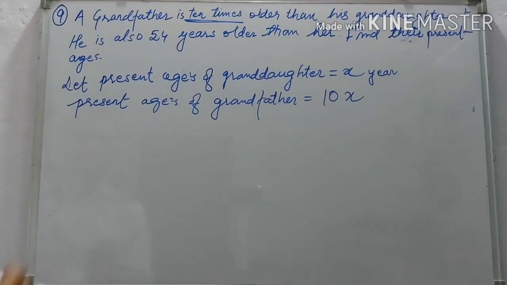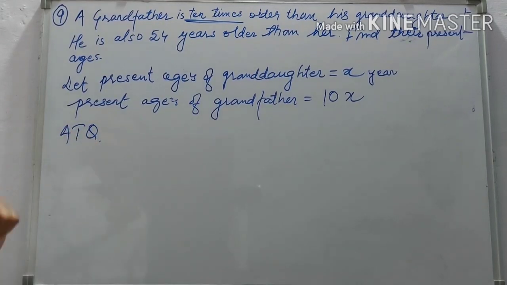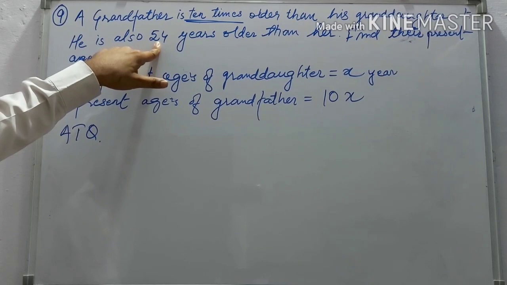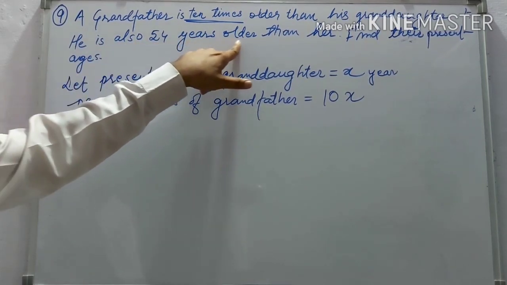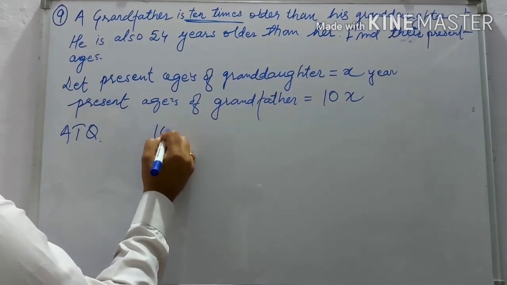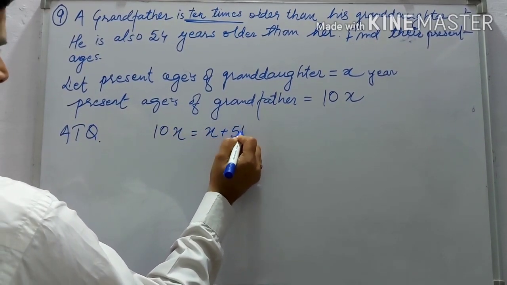Now according to the question, he is also 54 years older than her. So 10x is equal to x plus 54.